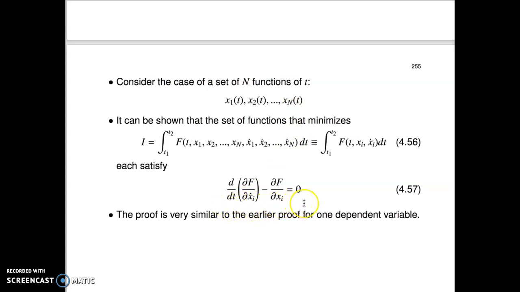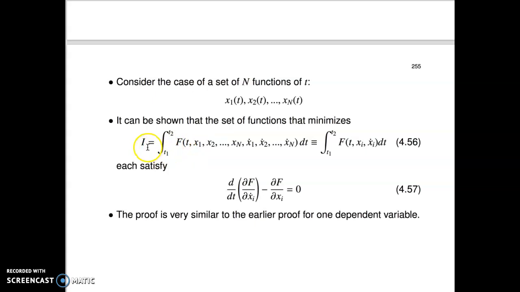Here's what the Euler equation looks like. So we have one Euler equation for each value of the index i. For each function x sub i, we have one Euler equation. Okay? So think about what that means if you have n unknown functions.